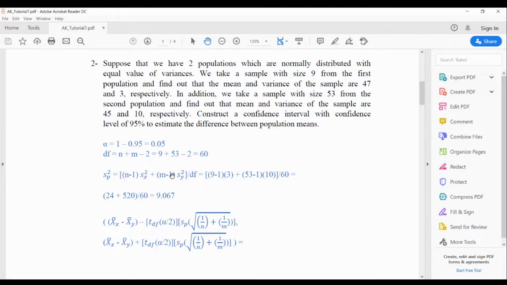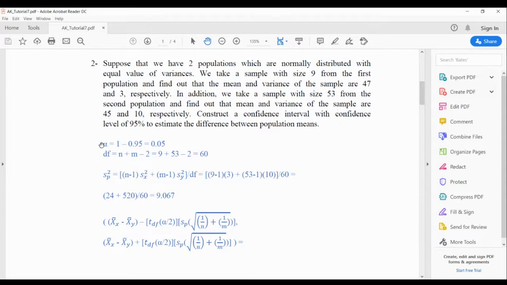That's the one we are predicting. We could say mu1 hat minus mu2 hat. That's the one we are trying to find the confidence interval for. For the point estimator, this is x bar x minus x bar y.